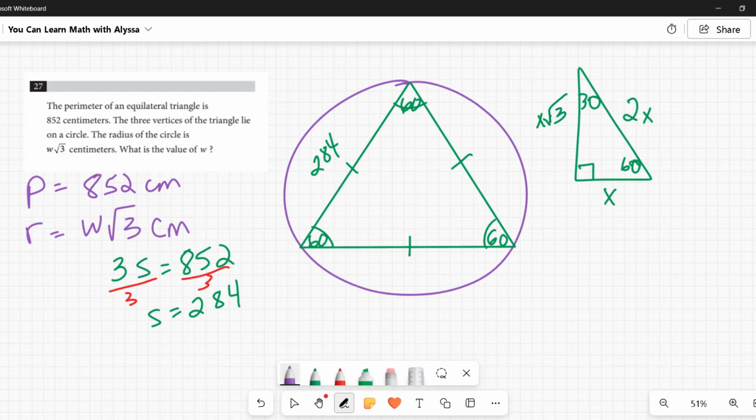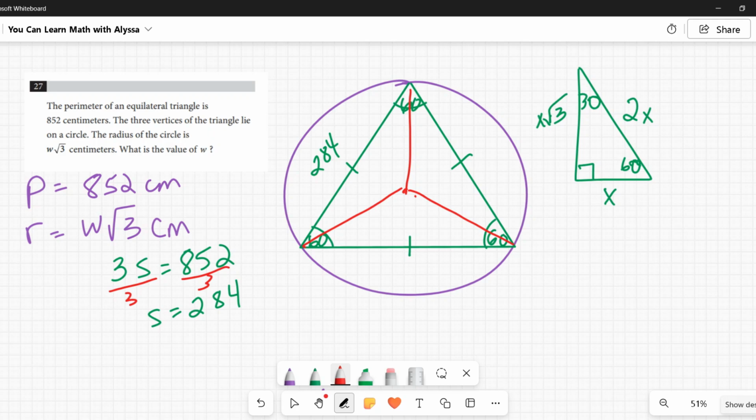We don't have it yet, but we do have these 60 degrees. And what happens if I draw some radii in here? So that's about the center of my circle. If I draw radii out to the corners, it's roughly drawn, but you get the idea. What am I doing?